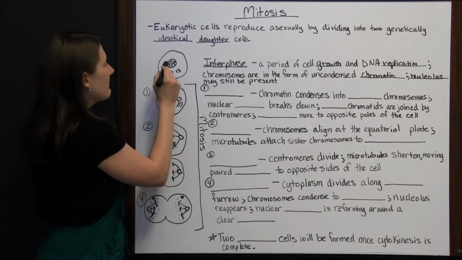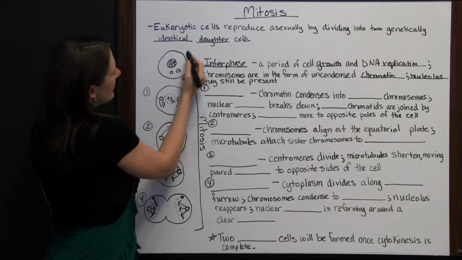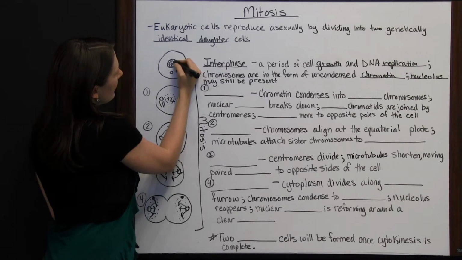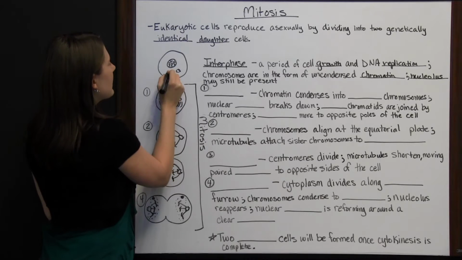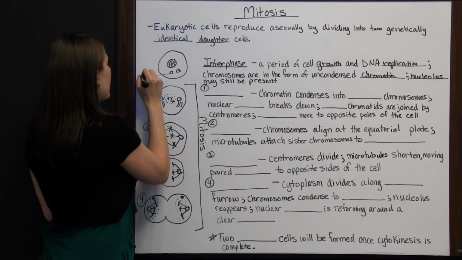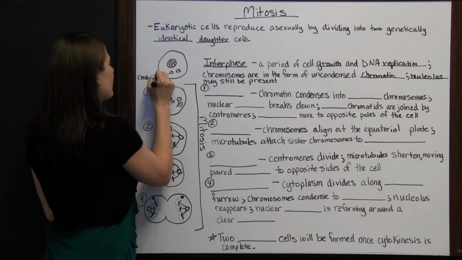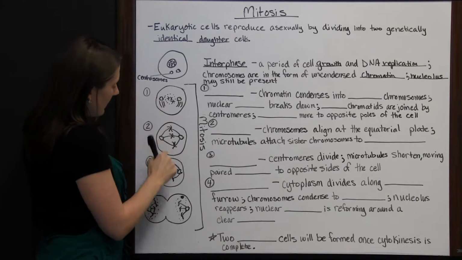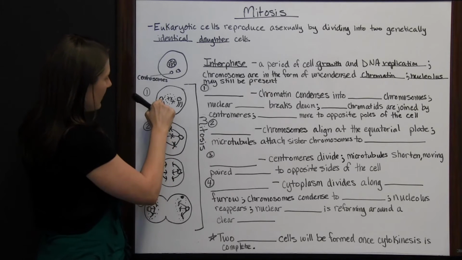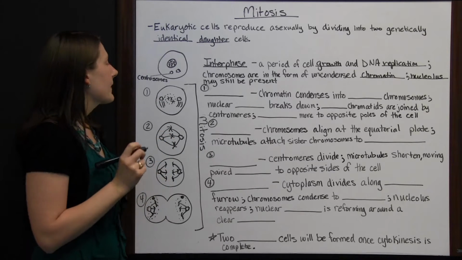So this would be our uncondensed chromatin. This darker dot here would be your nucleolus that you could still see. And these little pieces here would be your centrosomes. So whenever you see them along the rest of mitosis, remember these are the centrosomes.